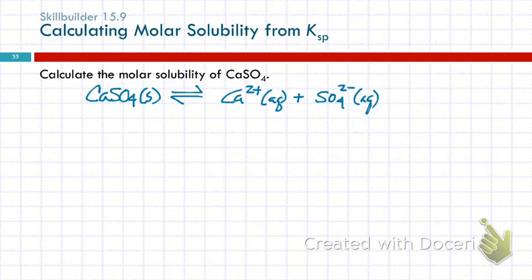I want the molar solubility, we'll call it S. The molar solubility would be how many moles of this dissolve per liter. If 1 mole of this dissolves per liter, then I'm going to get 1 mole of calcium per liter and 1 mole of sulfate per liter. So the concentrations of each of these is equal to S.